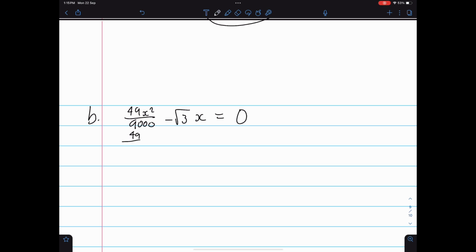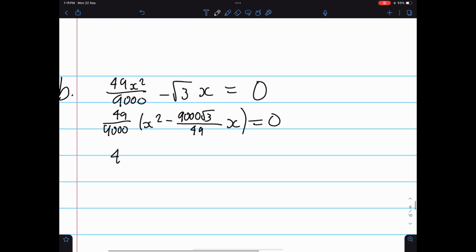So what I would do is I'd do this, and then when you divide it, remember you're multiplying by the reciprocal, so it's actually over, and then you can complete the square.